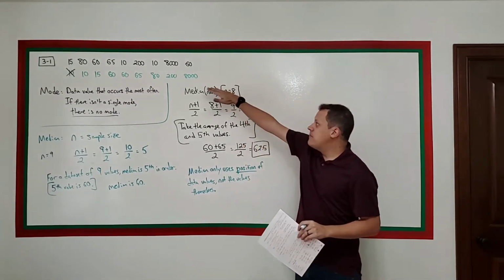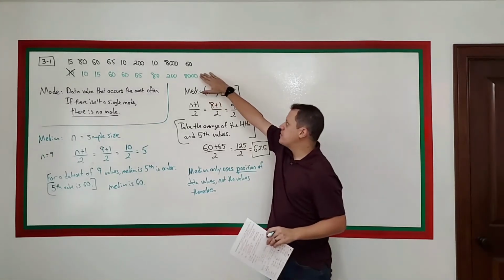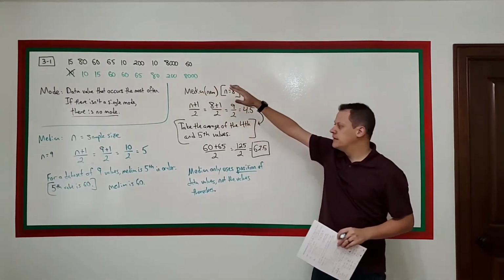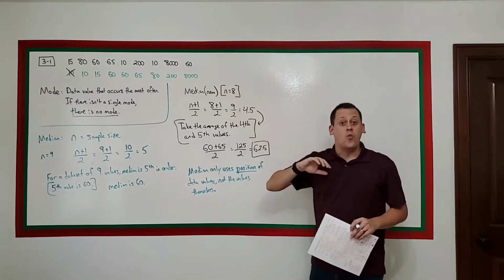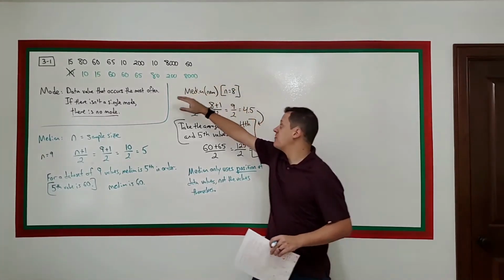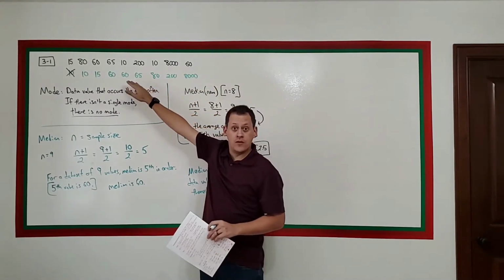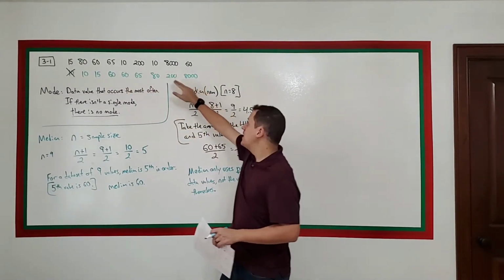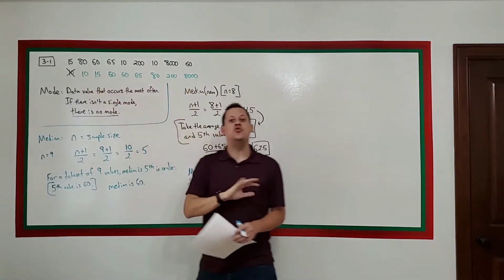To calculate the median of this data set, either the one we started with or when we took the 10 out, either way, when we were calculating the median, we did not care what the numbers were, except for the 1 or the 2 in the middle. It doesn't matter that this was 8,000. It doesn't matter that this was 10. We never used those numbers.